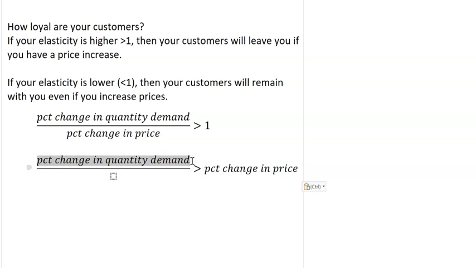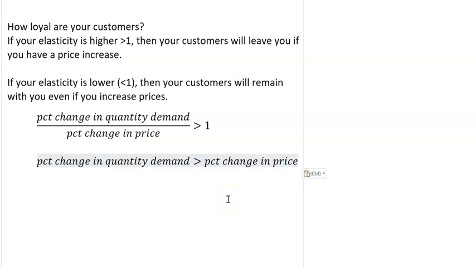So if your price increases by 5%, your quantity demanded will change by more than 5%, by 10% or 15%.